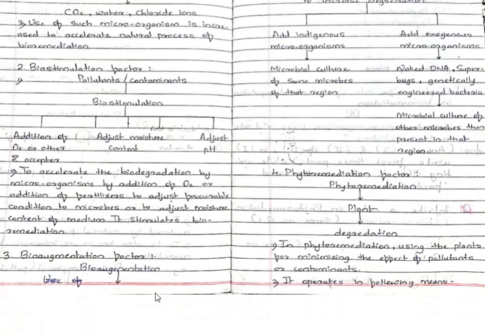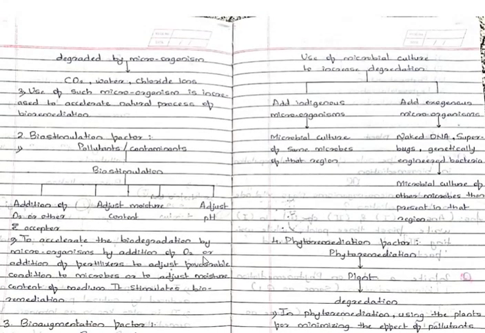Then the third factor is bioaugmentation. In bioaugmentation, microbial cultures are used to increase the degradation. In this process, we directly use the microbial cultures for degrading the pollutants. In that, some indigenous microorganisms are present.